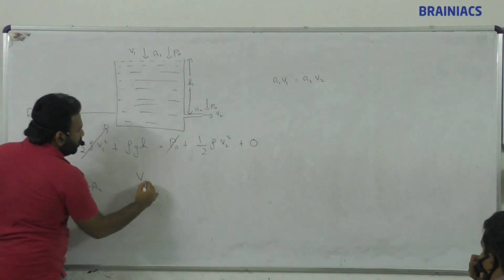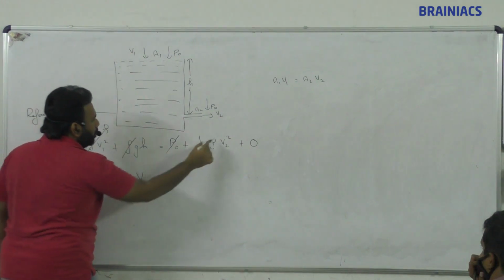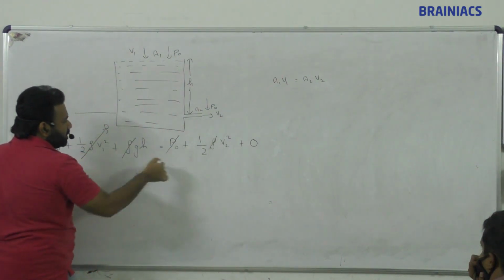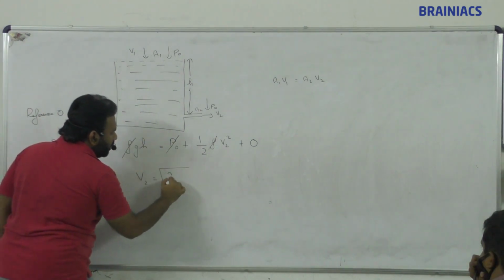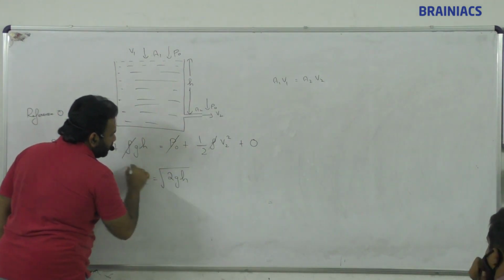V2 will be equal to, rho also can be cancelled, this 2 will come here, root of 2gh.